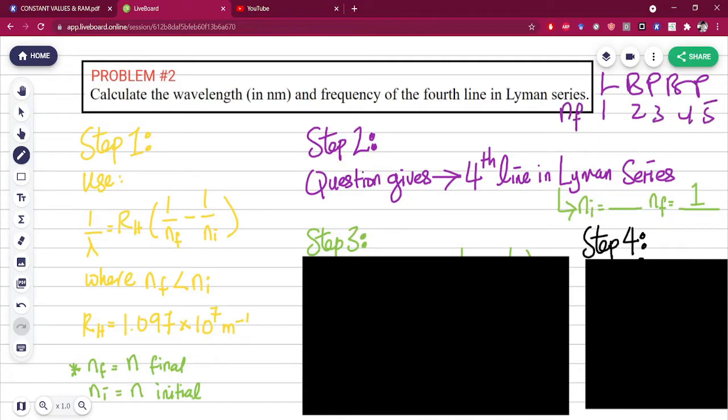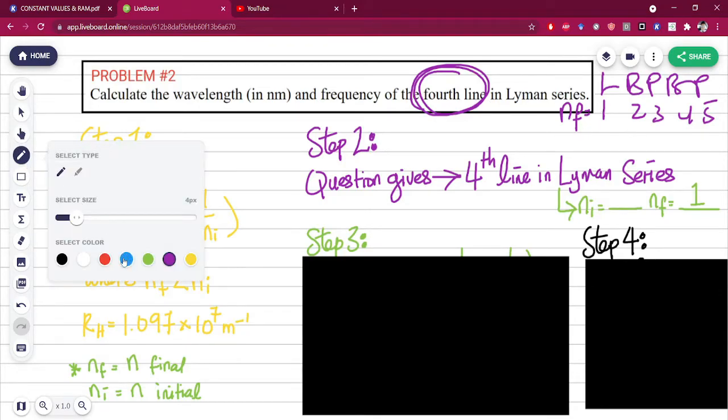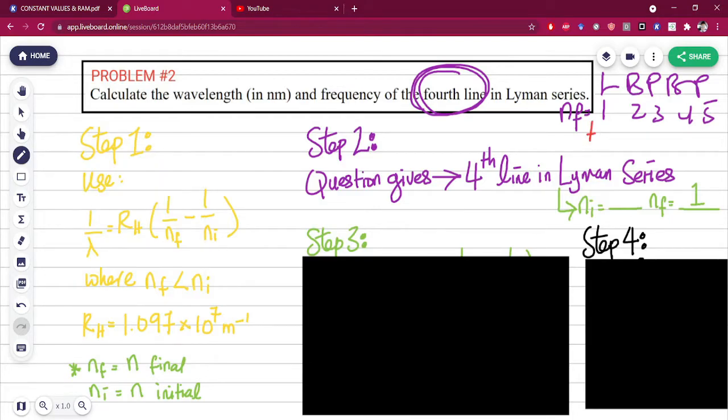So the n final for Lyman will be 1, and you need to do for the 4th line. To get n initial, you take 1 and just add 4. This is a very simple trick that you can try. So n initial will be 5, because you want to do the 4th line over here.